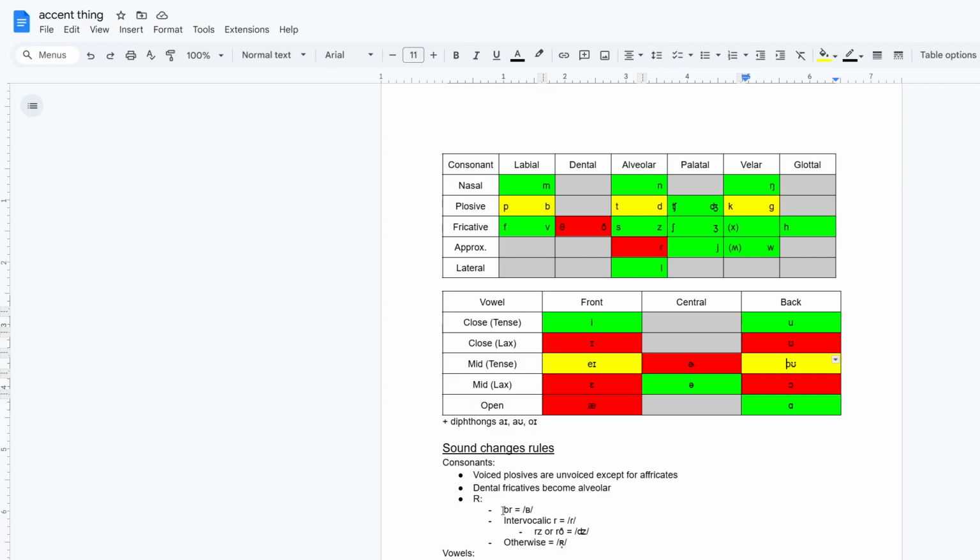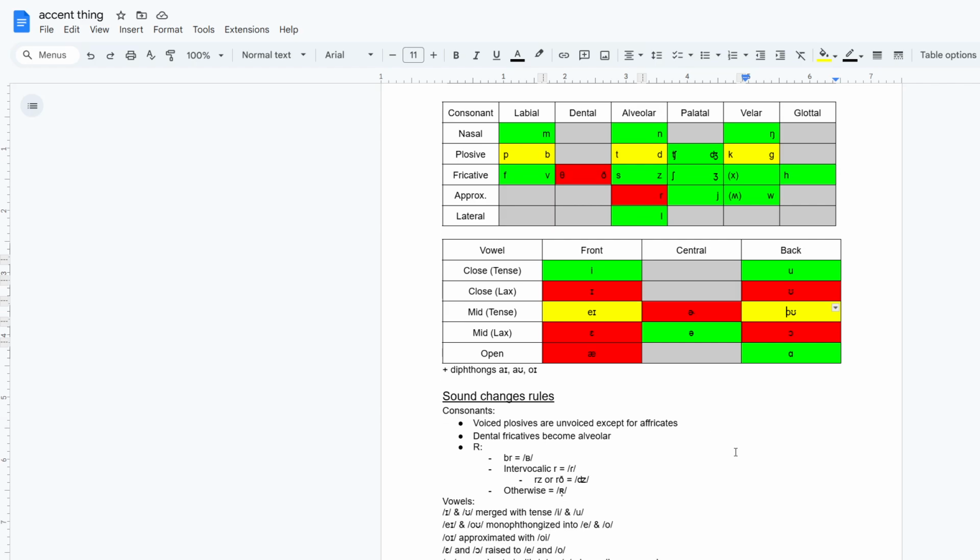And then, R is interesting in my opinion, because it can be different things. So, BR, the sequence bruh in English would turn into the voiced bilabial trill in plugin.